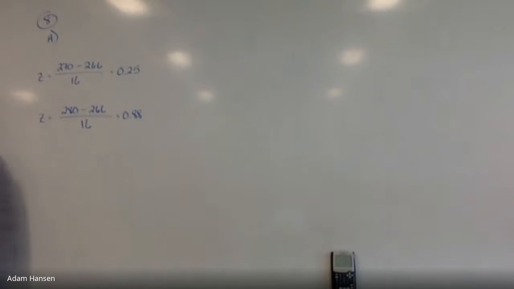I want to find the proportion of pregnancies that have between these lengths, between 270 and 280. So find the proportion that corresponds to these z-scores and then do what? Subtract. Find the difference between the two. What's the probability of a z-score between 0.25 and 0.88?